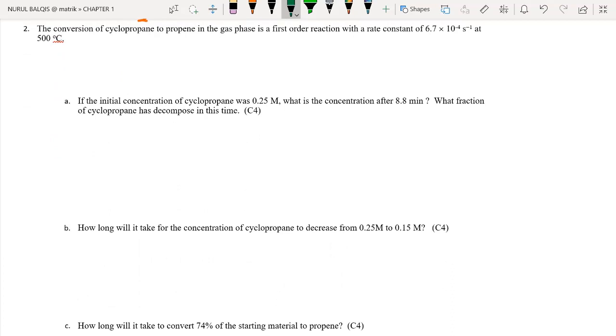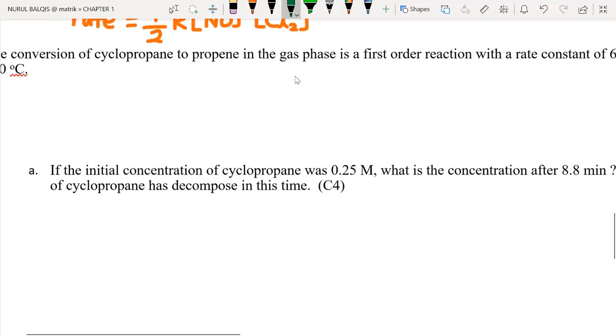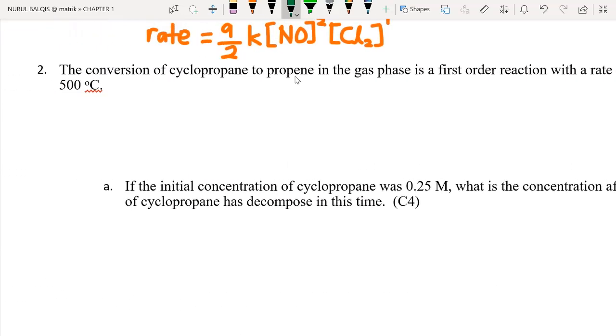The conversions of cyclopropane to propene in the gas phase is a first order reaction with a rate constant of 6.7 times 10 to the power of -4 per second at 500 degrees Celsius. So you need to first extract the informations here. Conversions from cyclopropane.